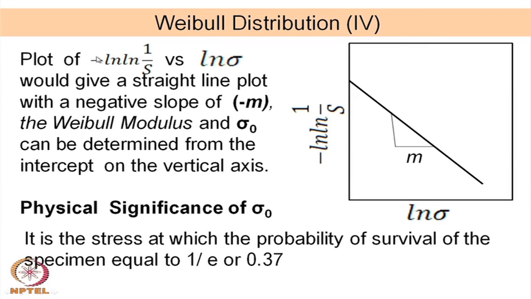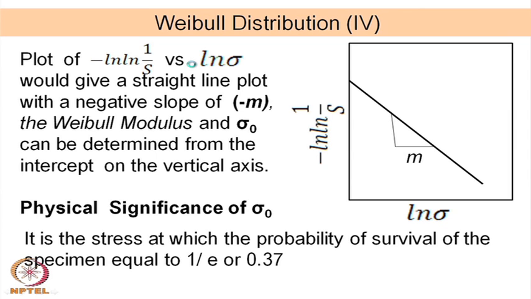So, the plot of ln ln 1 by S versus ln sigma would give a straight line with a slope of m, the Weibull modulus, and sigma 0 can be obtained from the intercept on the vertical axis.